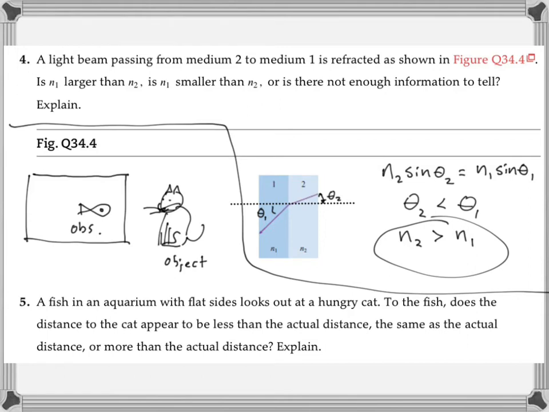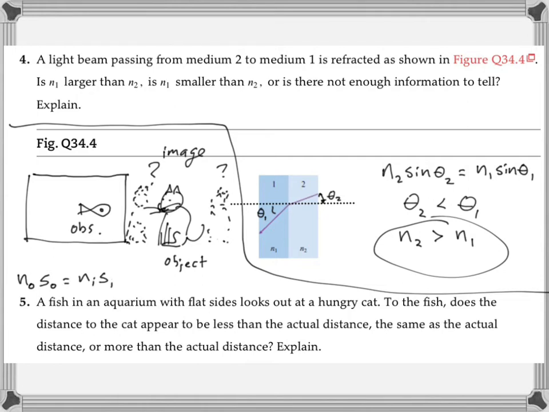The object here is going to be the cat. So the question is about where the image of the cat is going to be located according to the fish. Is it going to be in front of the cat, that is closer, or is it going to be further away? Or maybe at the same location as where the cat is.